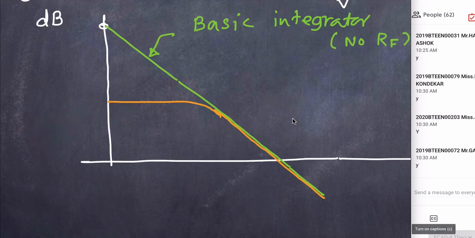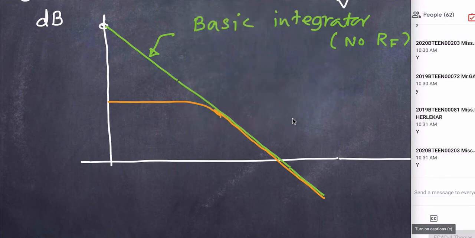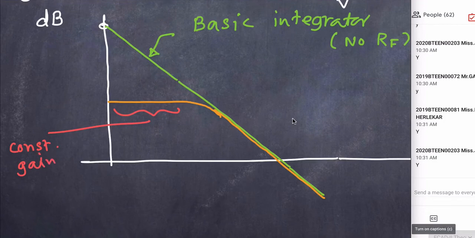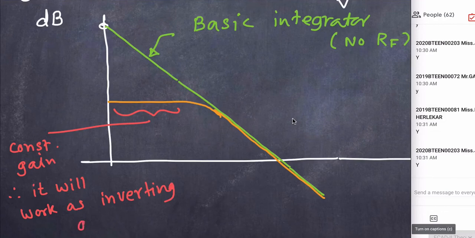Yes or no? Therefore it will work as an inverting amplifier because the gain is constant.